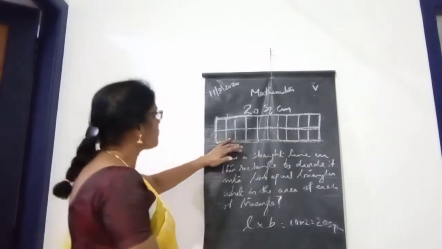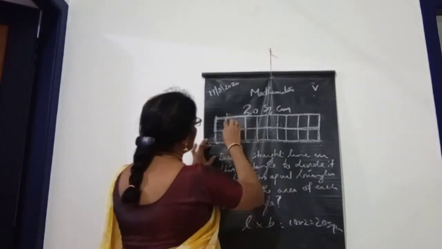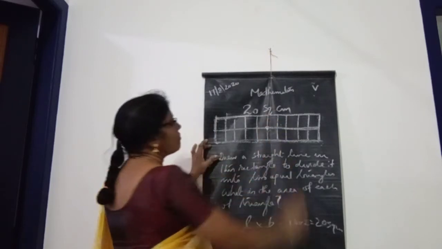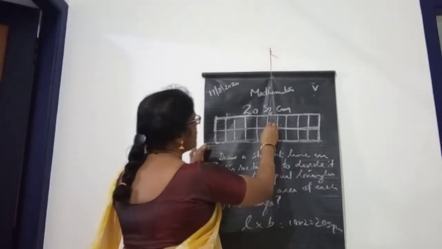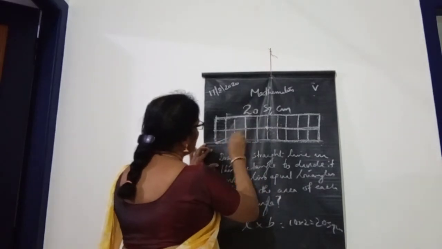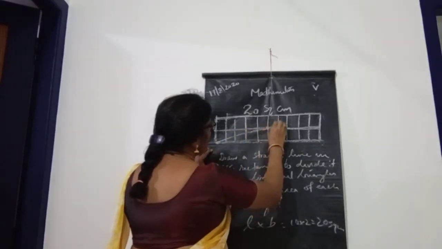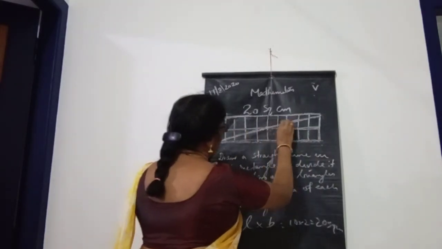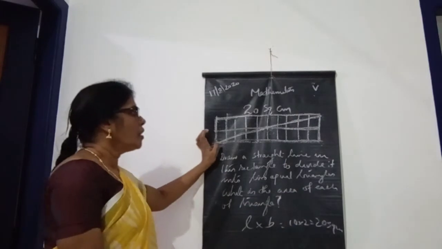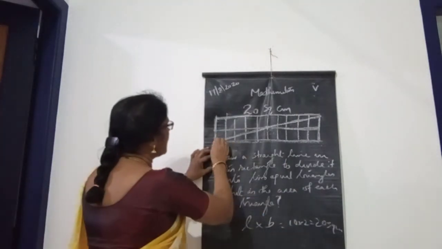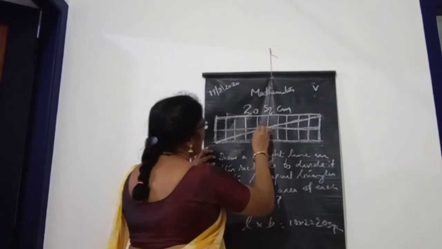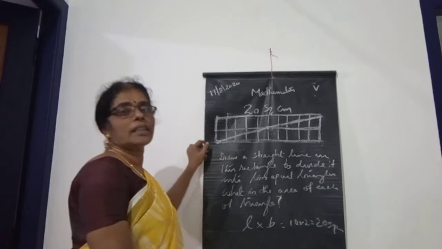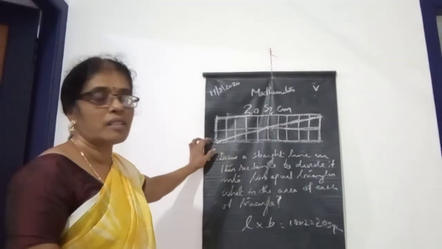So look here, we can take the center of this rectangle, and you have to draw one straight line like this. Okay? Yes, right, children? We can draw one straight line from this end through the center.